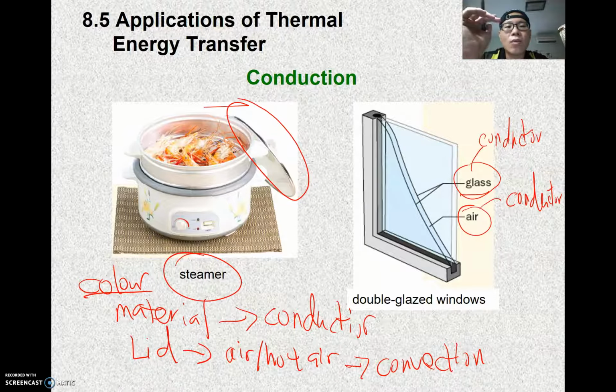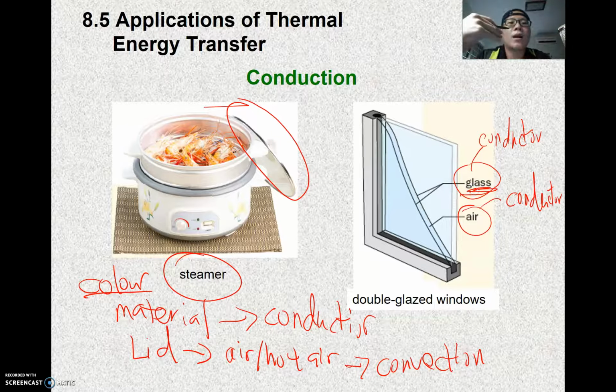So if color is not involved, when the marker identifies glass, one of the most logical things the marker wants the students to infer is the material itself. And with material, we can infer that the answers relating to glass could be conduction.